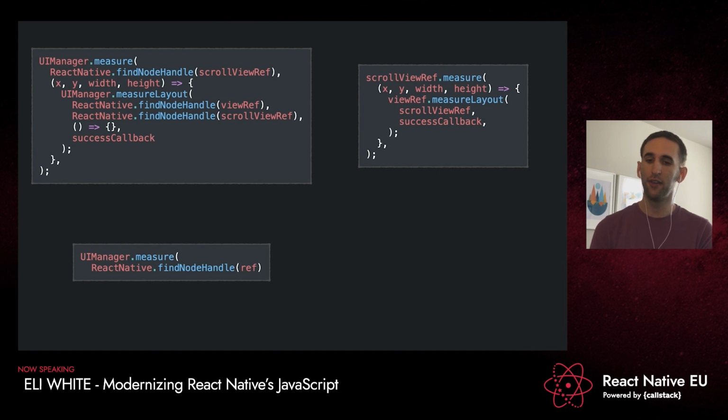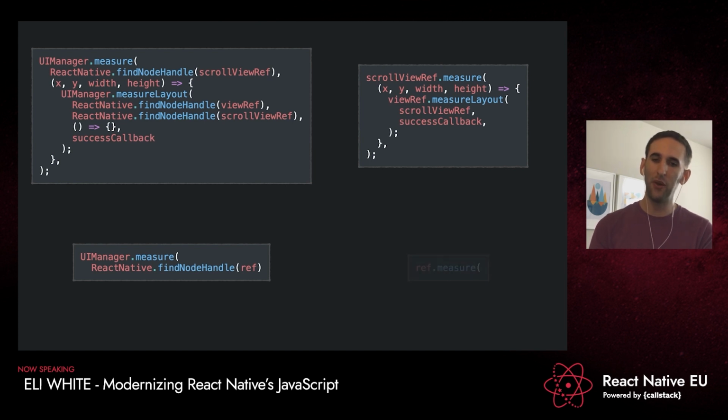So the new way of calling ref.measure is a lot cleaner. But there's a gotcha. And the gotcha is that the old way used findNodeHandle, which means that we were able to call this with a ref to any JavaScript component, and it would find the nearest native component to call measure on.